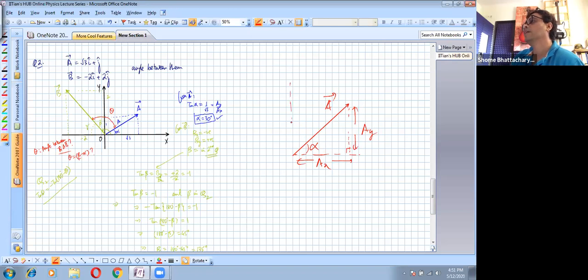Because on the y-axis, whatever projection it throws, this projection is ay, the same as this side. And this projection is ax. So that is why your tan alpha is perpendicular upon base, so that becomes the y component divided by the x component.